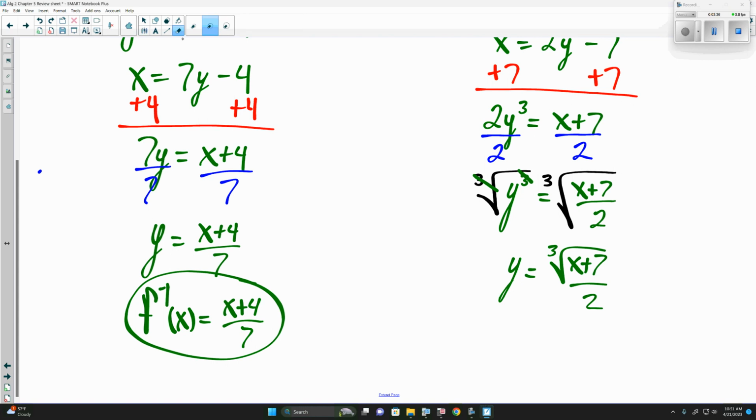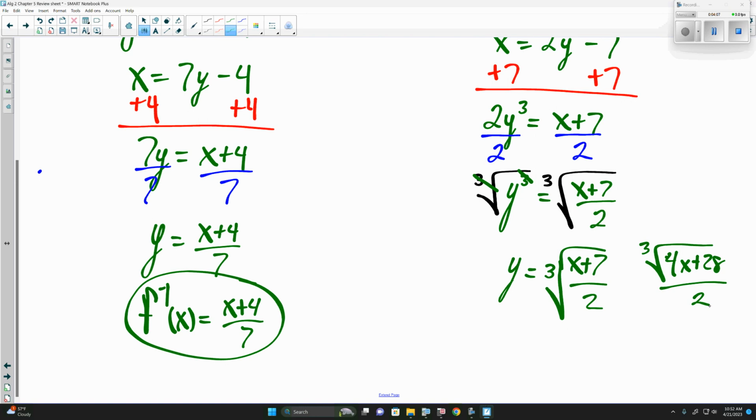So what we really need, there we go, is that we need that radical showing that it's taking the whole thing, not just the numerator. Because it is possible to write it that way, but we have to rationalize the denominator, which, if we wrote it that way, would be the cubed root of 4x plus 28 over 2.